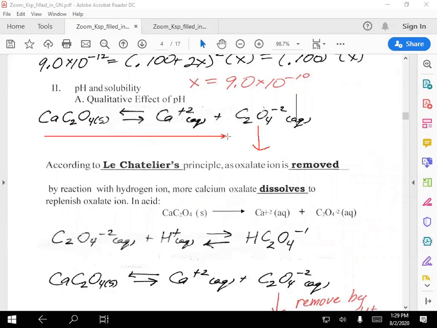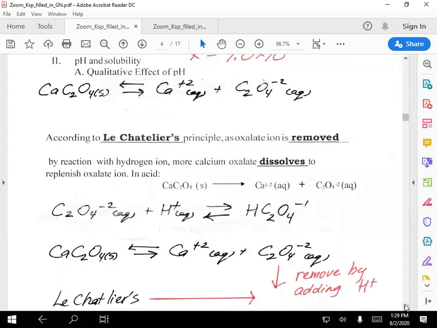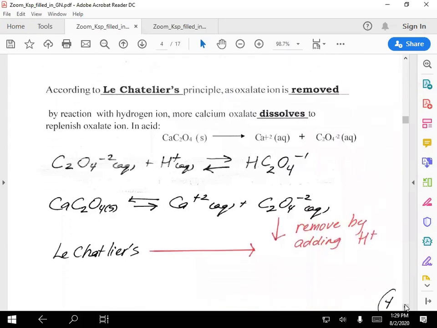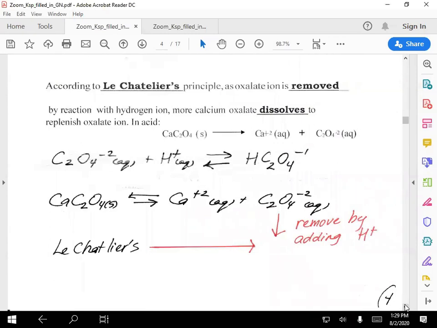And so more calcium oxalate would dissolve. So we would have a shift in the equilibrium, and the calcium oxalate would be more soluble.